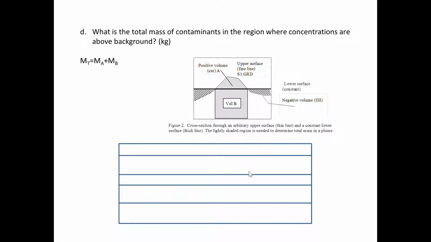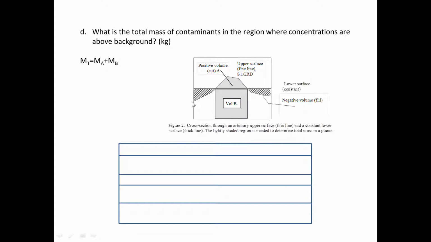Now, the next question is going to have us determine the total mass of contaminants in the region above background, and we need to do it in kilograms. So what you should do is also read over the notes, because the notes talk about doing the same kind of operation, and I pulled this graphic from the notes.